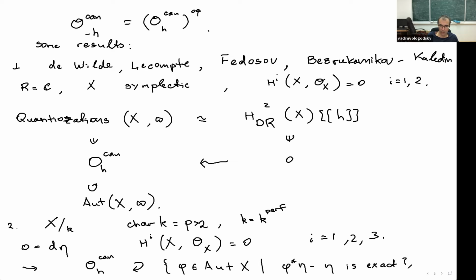Right? So in particular, it means that omega is preserved under phi, but that's a stronger condition. And this group acts on this canonical quantization.